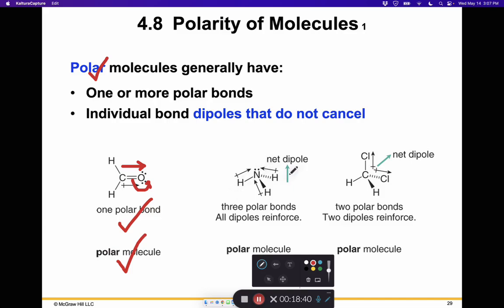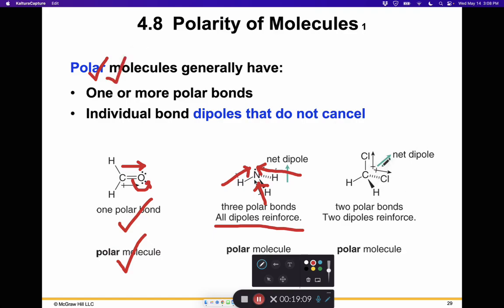Nitrogen is the one that is more electronegative and it is pulling the electron pair from the three sides, and it is adding up, accumulating on the nitrogen. So there is a polarity. All the dipoles are reinforcing, they are not cancelling. So we have three polar bonds adding up, so we have here a polar molecule.